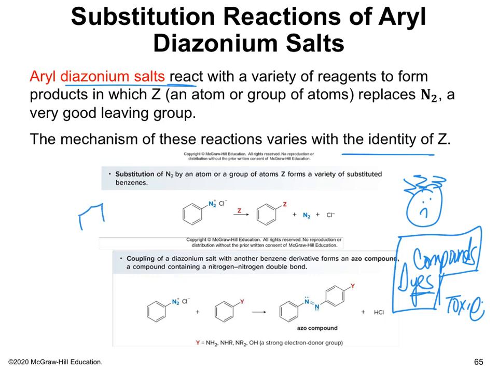Like I say, when you take your aniline compound and you react it with sodium nitrite and HCl, then you get this diazonium compound, and now you can substitute it with different groups, okay? And then you give off nitrogen. So here, it can add an azo compound.